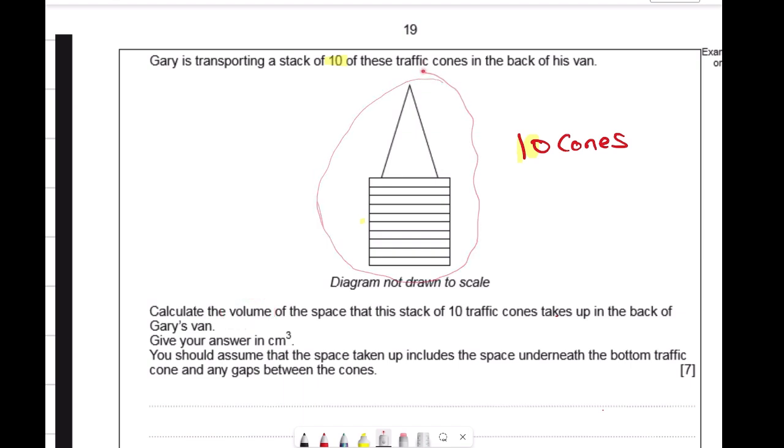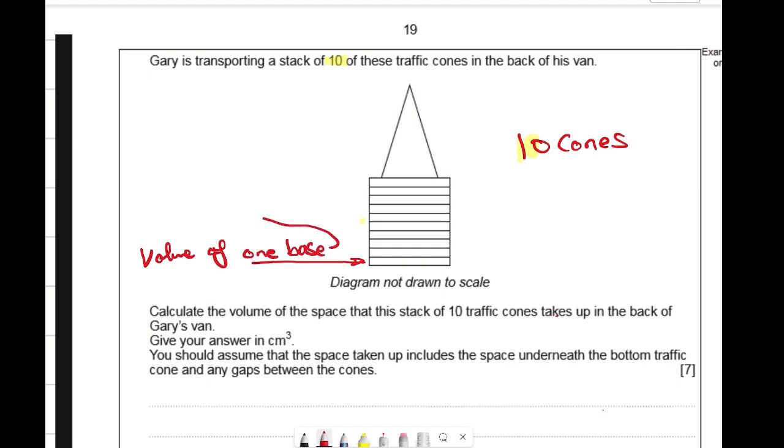Again, we have to split things up. This is one base, so if I get the volume of one base, then you can multiply by 10 to get the whole thing here, isn't it?